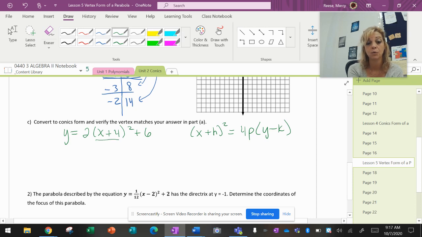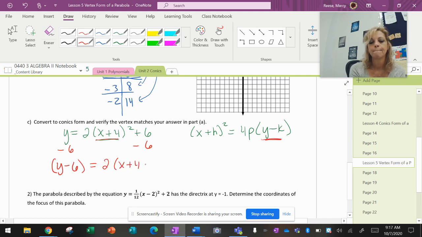Okay, so basically what we're trying to do is isolate that right now. So the first thing I'm going to do is minus the 6. Minus the 6. So I got y minus 6. And I'm going to put it in parentheses because I know it's going to be in parentheses here. Follow me? Okay, now I'm almost there. Again, this x plus 4 squared is that, right?